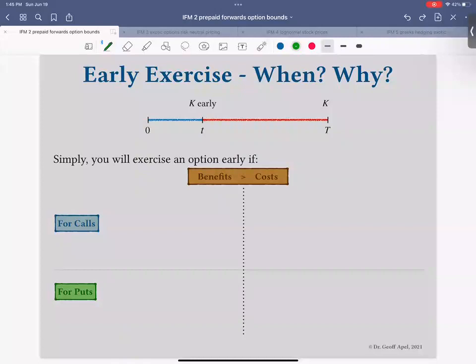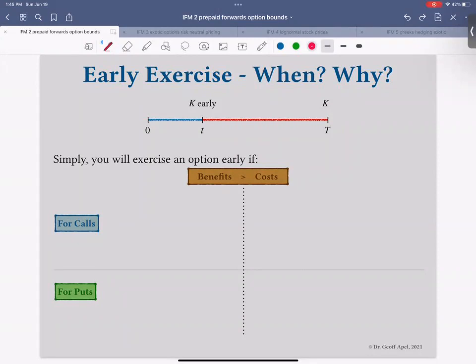So the idea is basically that as long as the benefits outweigh the costs or potential downsides, then you're going to exercise it early. Okay. So let's say we're a really savvy investor, really responsible with our money.